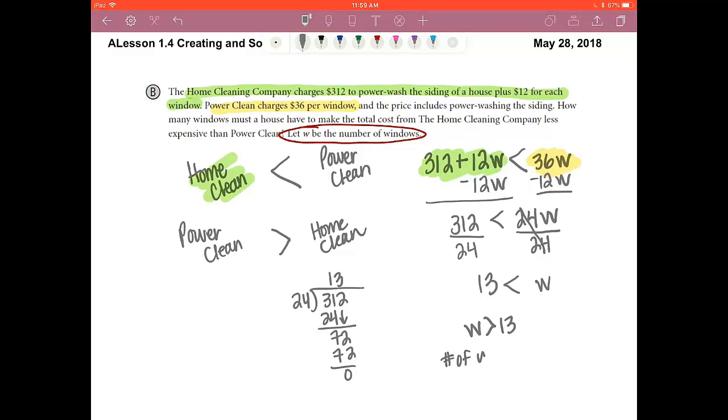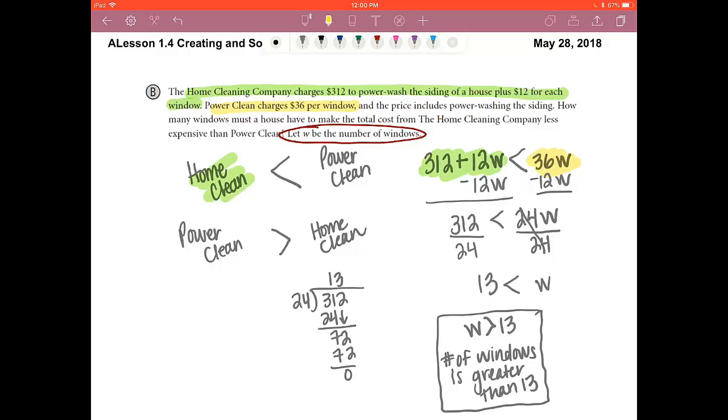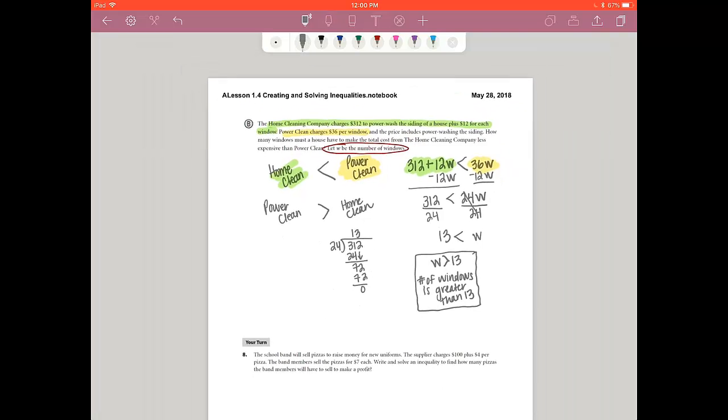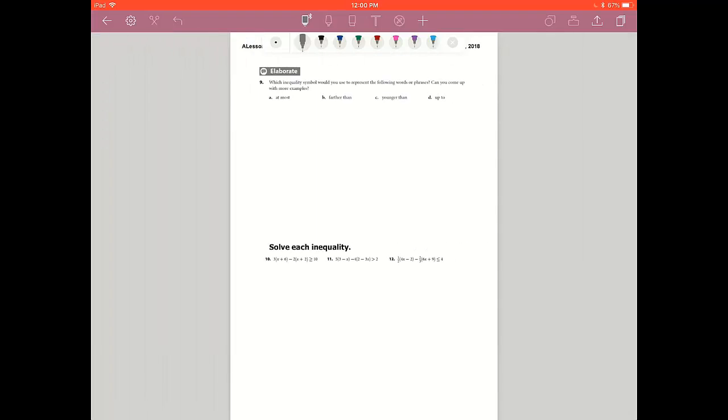So as long as the number of windows is greater than 13, then Home Clean will be less expensive than Power Clean.